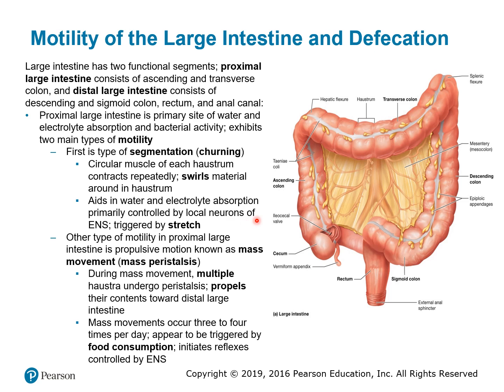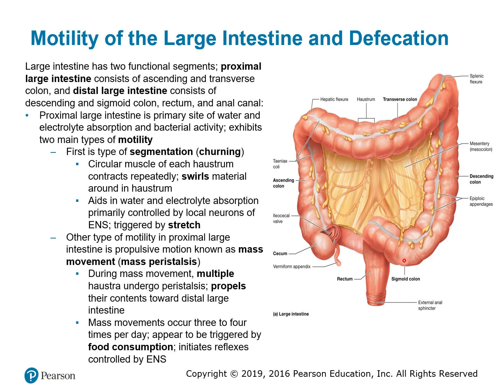Another type of motility in the proximal large intestine, ascending and transverse colon, is known as mass movement or mass peristalsis, where multiple haustra undergo peristalsis, each of these segments. It propels their contents into the distal large intestine, the descending and the sigmoid colon part.